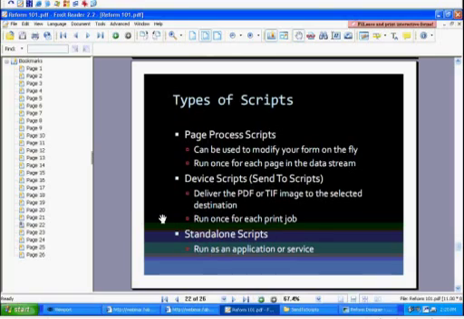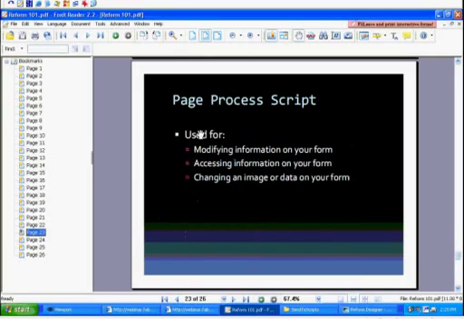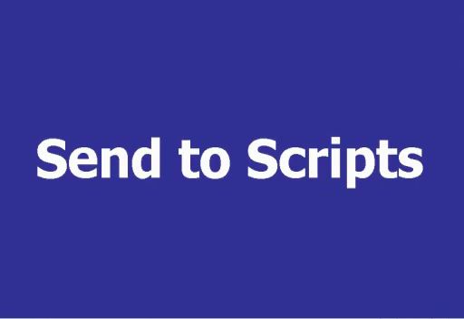However, in the page process and the device scripts, there's a few extra variables that are kind of custom to Reform for those two. The page process script is used for modifying information on your form or accessing the information on it. You can also change the image or data based on conditions.